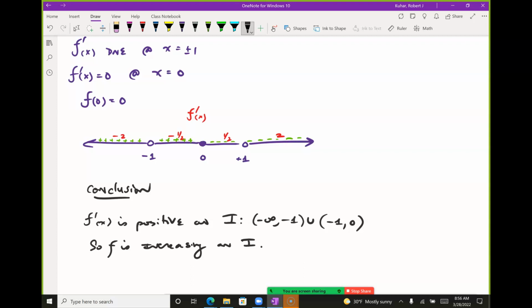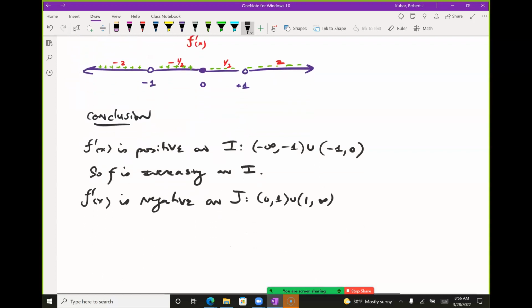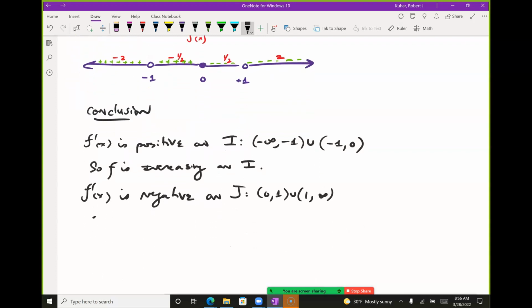F prime of x is negative on (0, 1) union (1, infinity). So f is decreasing on that set.